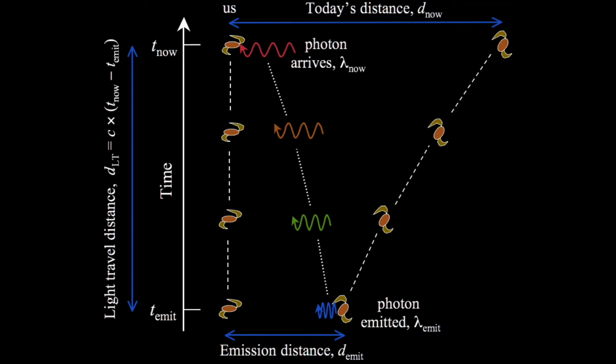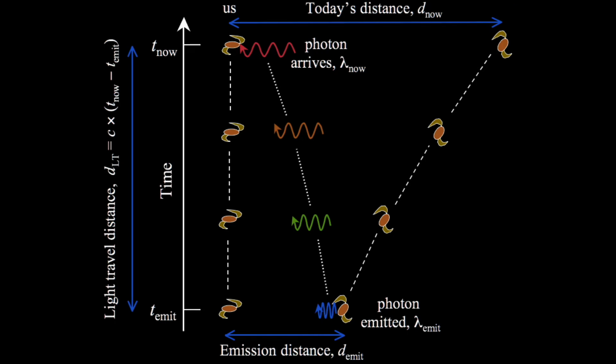We see that the distance traveled is not the same thing. Light travel distance does not take into account any aspect of expansion. It's simply a speed, which is c, times a time interval. It does not take into account anything related to the scale factor or the expansion. So that's pretty interesting. And it's also something that we have to look at more carefully.